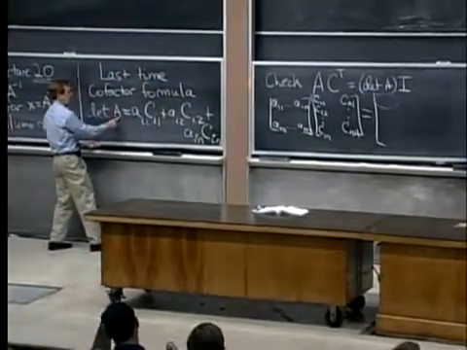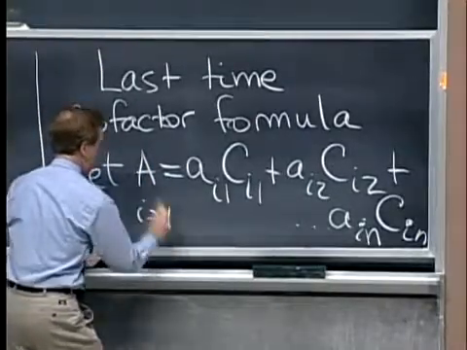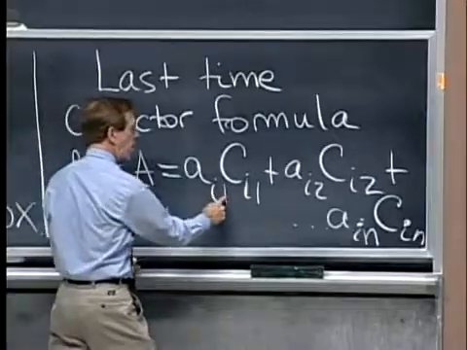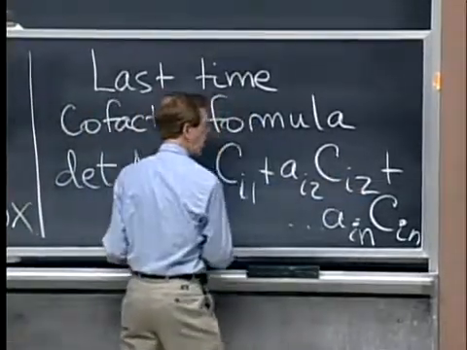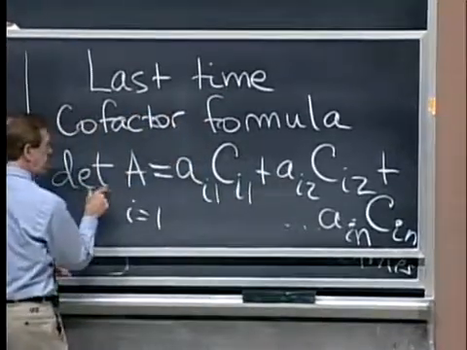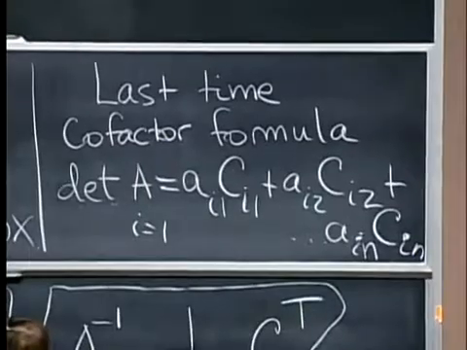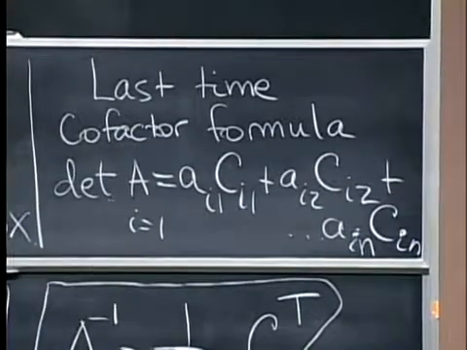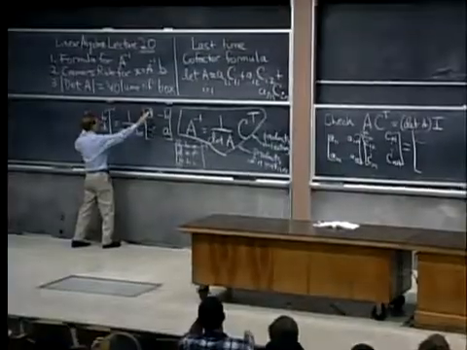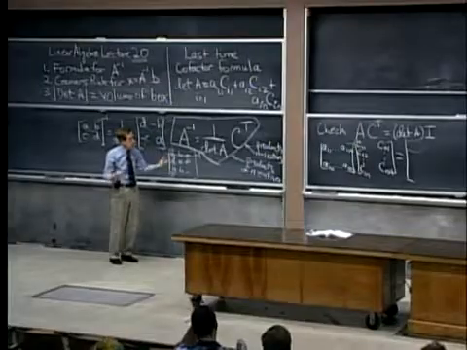The determinant of A is, if I use row 1, let I equal 1, then I have A11 times its cofactor, A12 times its cofactor, and so on. And that gives me the determinant. And it worked in this case. This row times this thing is, sure enough, AD minus BC. But this formula says it always works.